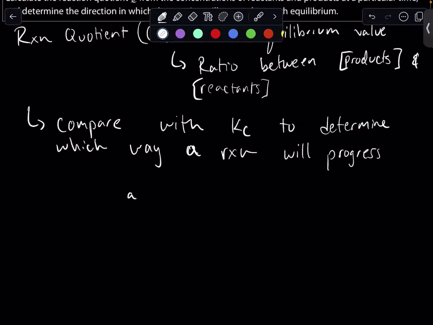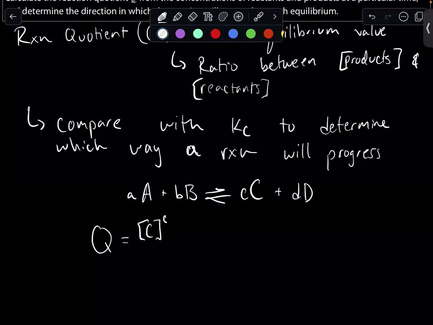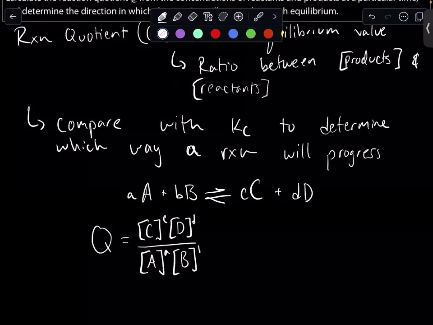So given our reaction aA plus bB reacts within an equilibrium system to form cC plus dD, we will find our reaction quotient Q as the concentration of C to the power of c times the concentration of D to the power of d, divided by the concentration of A to the power of a times the concentration of B to the power of b.